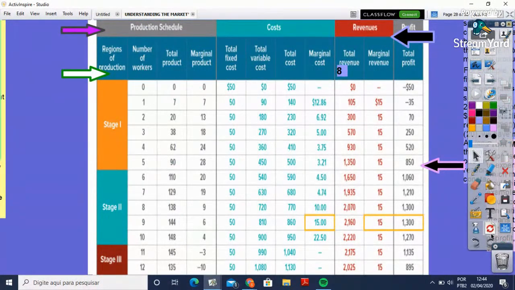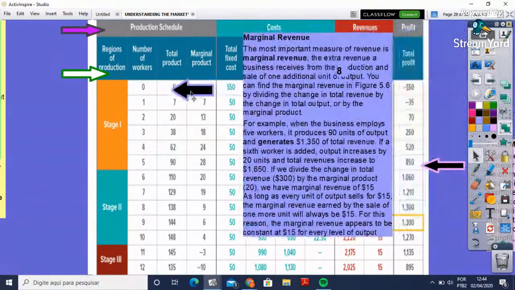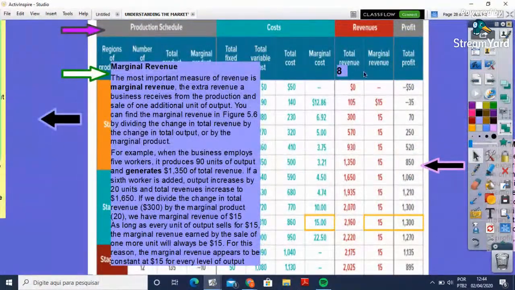From here, we will go to marginal revenue, which is this column here. The most important measure of revenue is marginal revenue. It is the extra revenue a business receives from the production and sales of an additional unit of output. You can find the marginal revenue by dividing the change in total revenue by the change in total output.